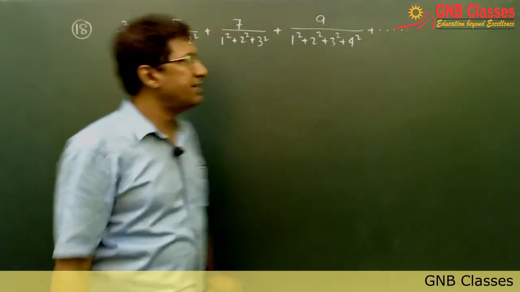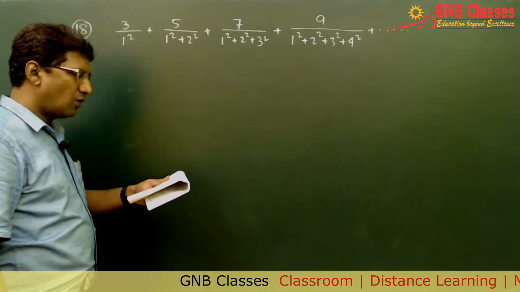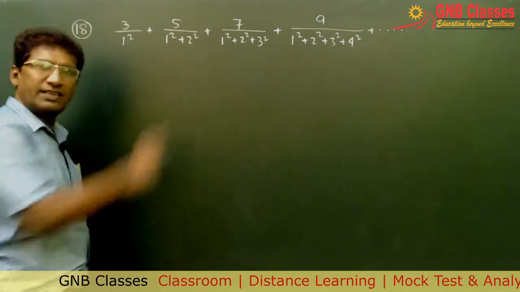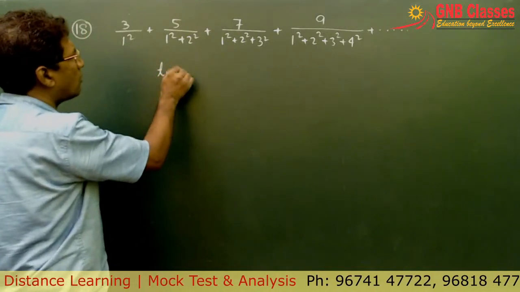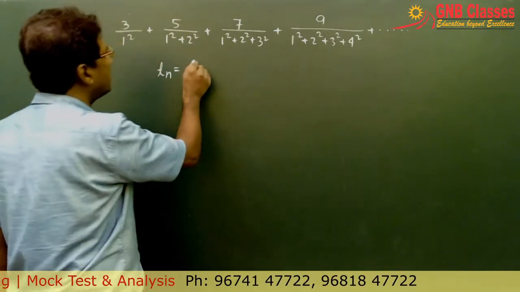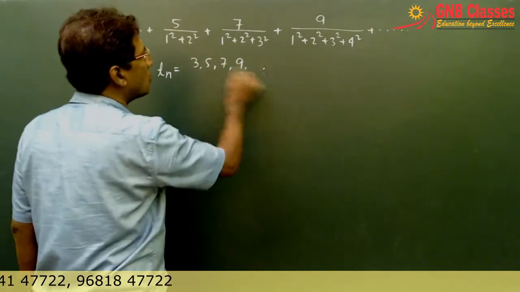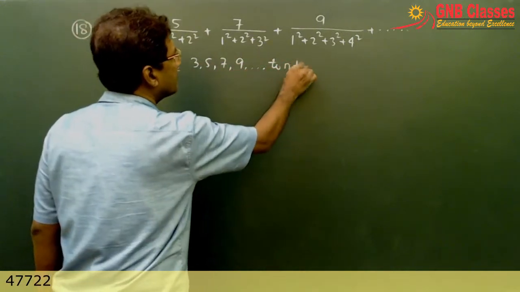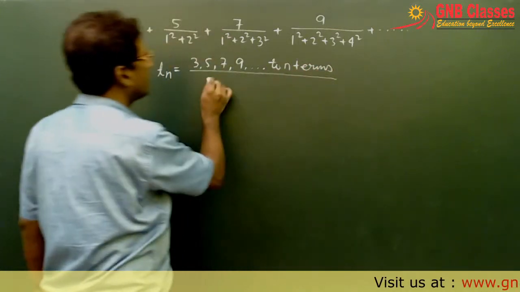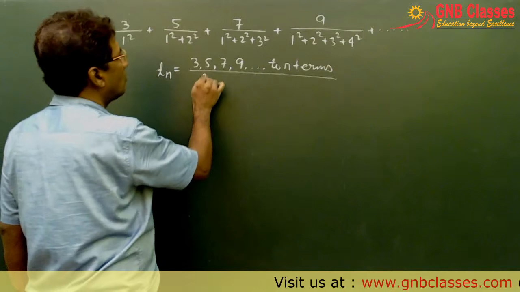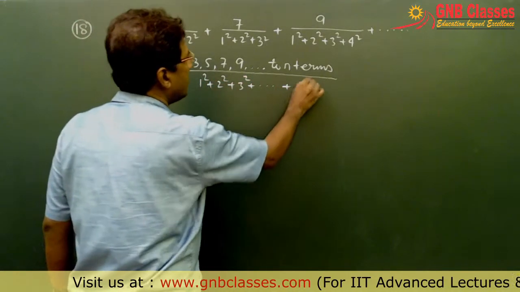In question number 18, they have asked us to find the sum of n terms of this series. So let me find the nth term of this series, which will be nothing but 3, 5, 7, 9, and this goes on to 2n plus 1, divided by 1 square plus 2 square plus 3 square plus up to n square.